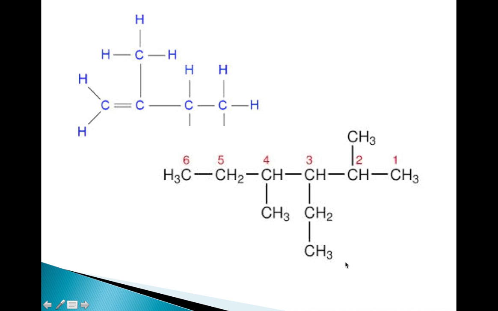Now because ethyl comes before methyl alphabetically, that's coming first in the name. So this is 3-ethyl-2,6-dimethylhexane. And it was dimethyl because there are two of them.